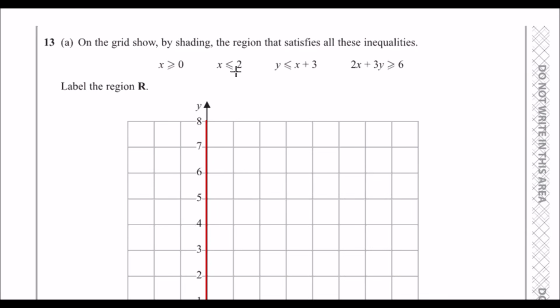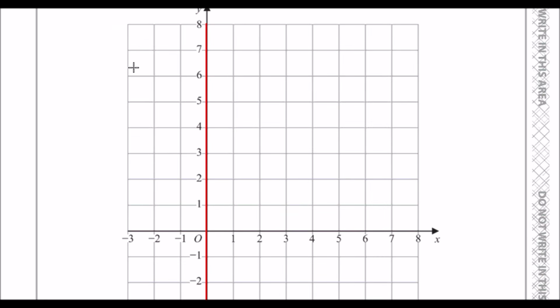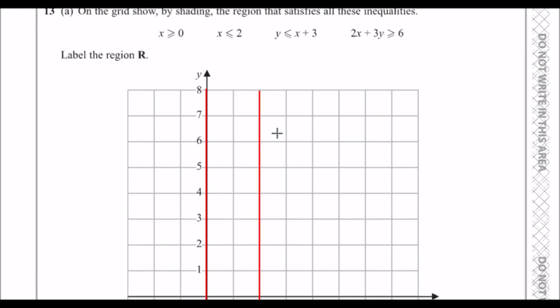x is less than or equal to 2. So again, we'll draw x equals 2. It's bigger than 0 but less than 2, so it's somewhere in here. y is less than or equal to x plus 3.